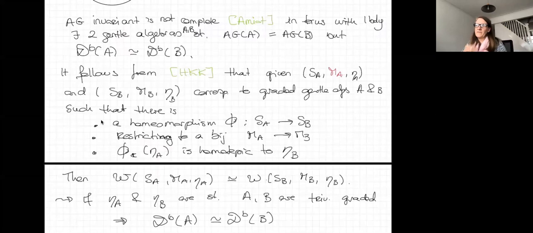Okay, so for two gentle algebras coming from surfaces, we have a criterion maybe, but that doesn't give us a criterion going in the other way. If they're derived equivalent, it's not clear that we have that same information on the surface.